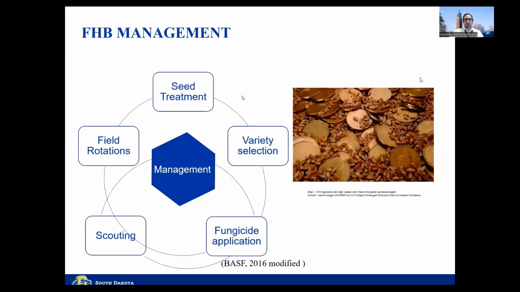But how is this disease managed? Management can be by field rotation with a non-host crop, seed treatments, variety selection, resistant or tolerant cultivars, and scouting for the disease in the field to time fungicide applications.